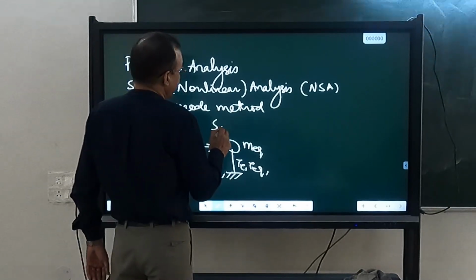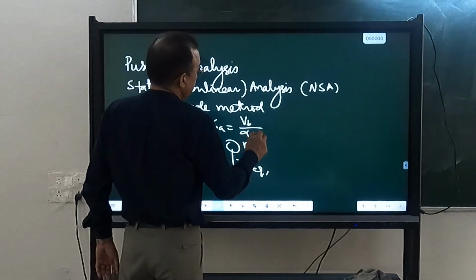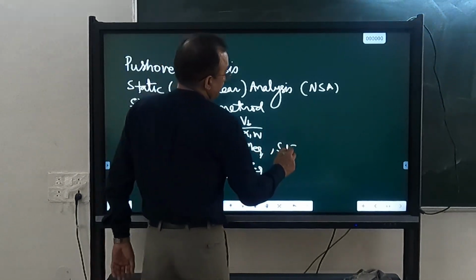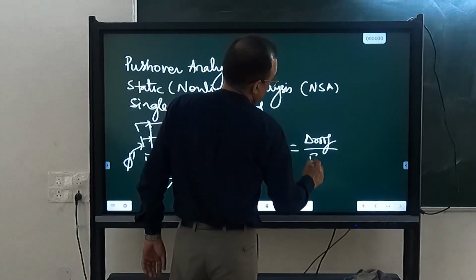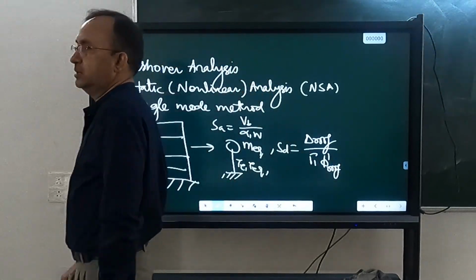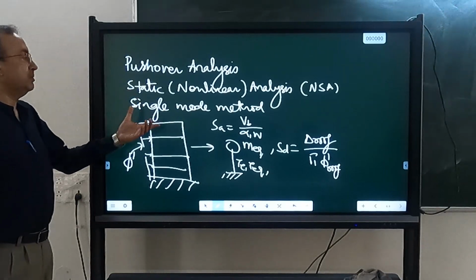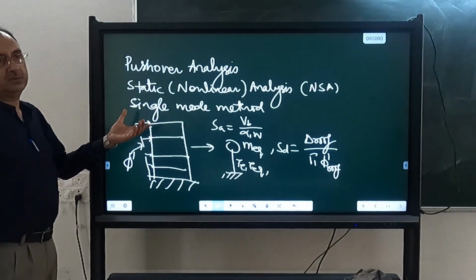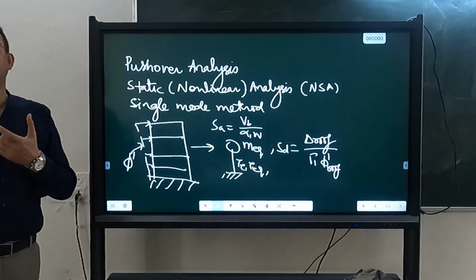So Sa is Vd over alpha 1 W and Sd is delta 2 divided by gamma 1 phi 1. Both the places I have used the mode. So we are using a single mode, then we are calling it single mode. This is the limitation, that we are considering only one mode.